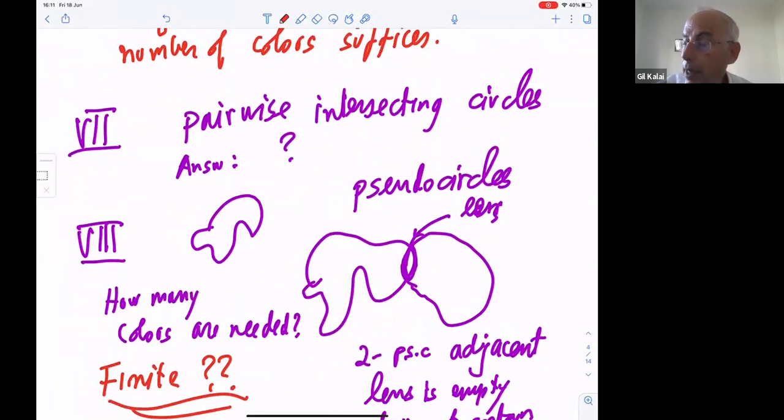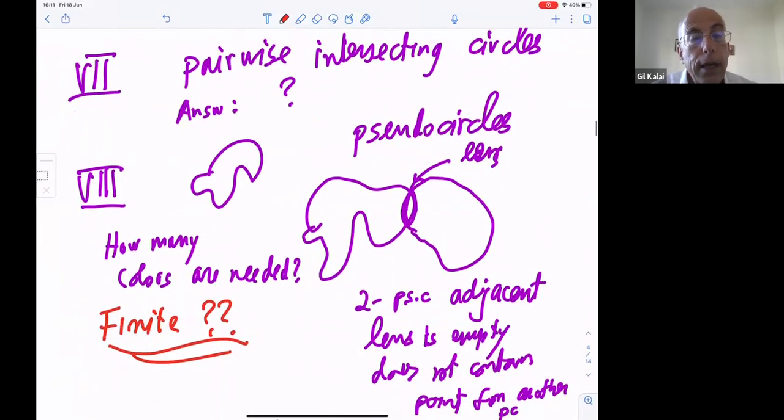Another very interesting question is to replace the notion of circles by pseudo-circles. And now we can ask about pseudo-circles, and we can redefine the notion of adjacency.